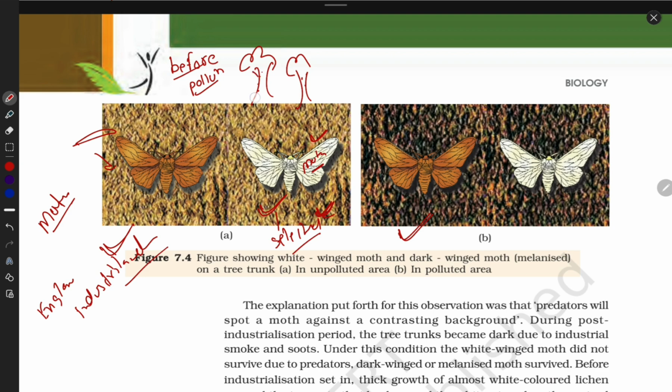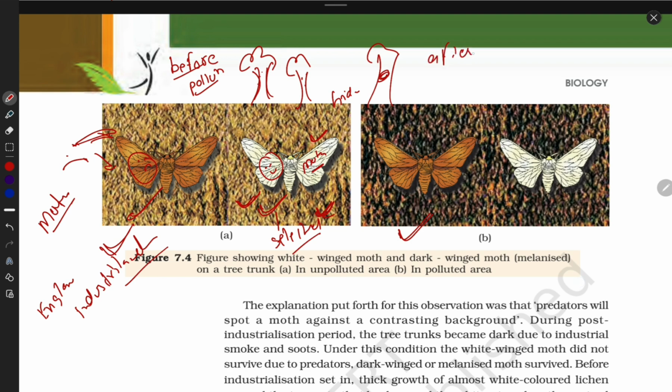Before pollution, tree stems are creamish, whitish in color, so the white moth can easily hide itself. So the white moth is happy, and the others are unhappy because birds will come and eat them, because on a white stem a blackish thing is easily visualized, so the predator will come and eat.